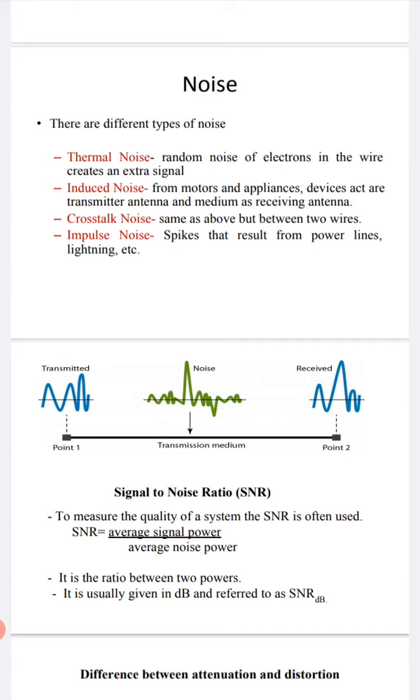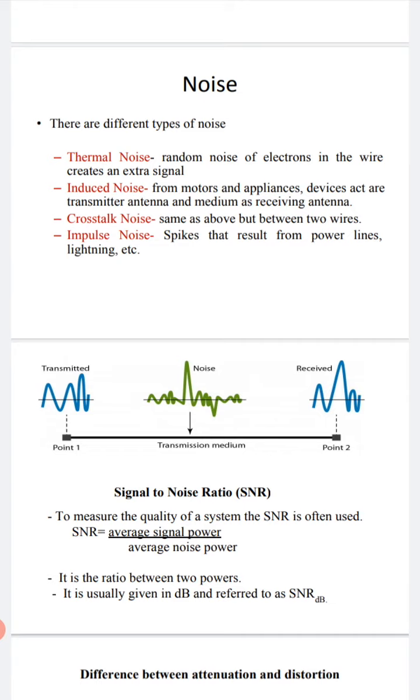Devices act as transmitter antenna and the medium as receiving antenna. The crosstalk noise is the same as above, but between two wires. Then impulse noise, spikes that result from power lines or lightning, etc. Okay, these are the noise.